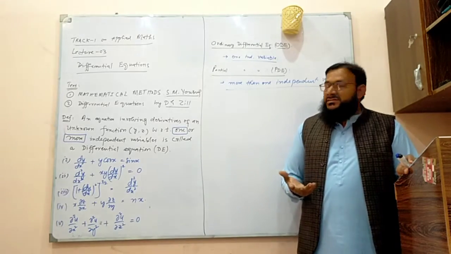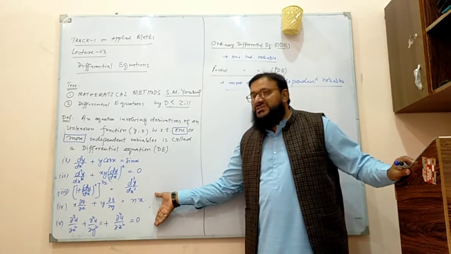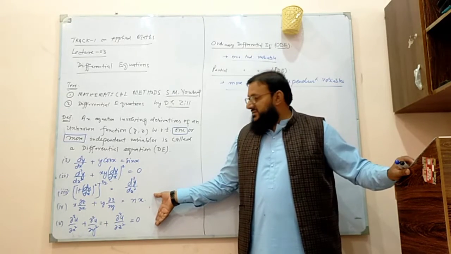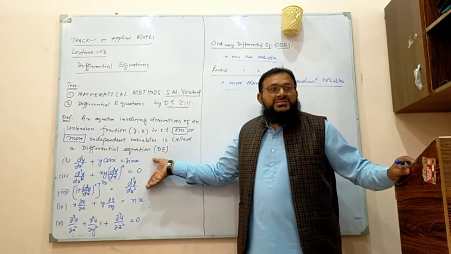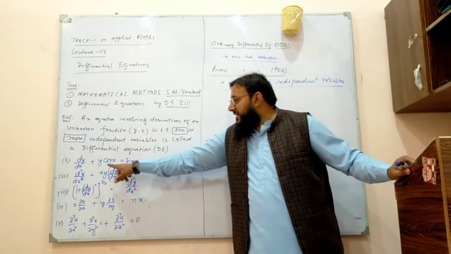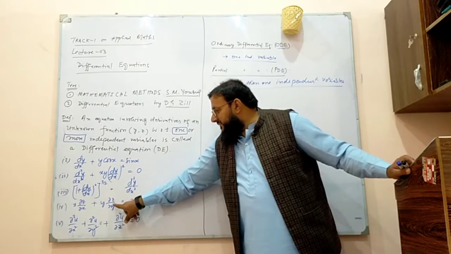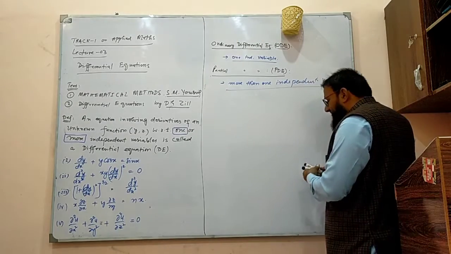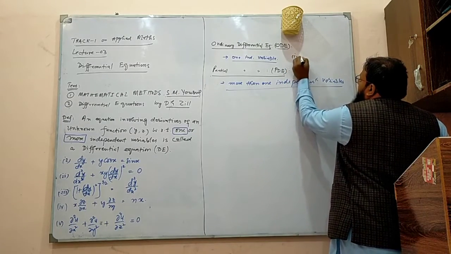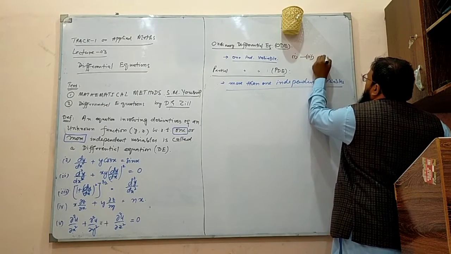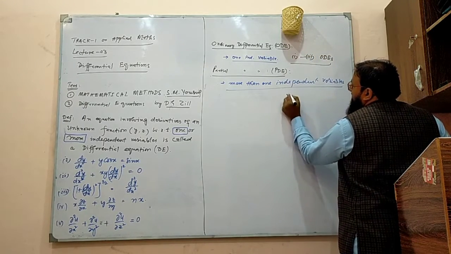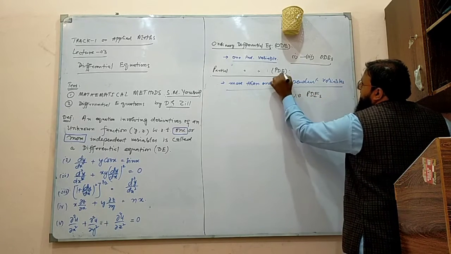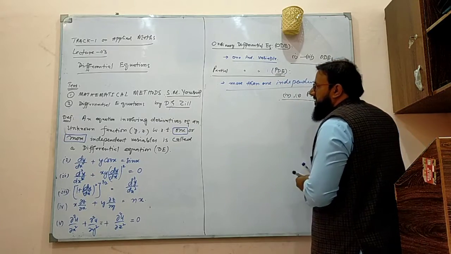And the second thing is, a partial differential equation always involves partial derivatives, and an ODE always involves ordinary derivatives. We know very well what we mean by ordinary and partial derivatives; we discussed them in multivariate calculus. So equations 1 to 3 are ODEs and 4 and 5 are PDEs. PDE means partial differential equation.